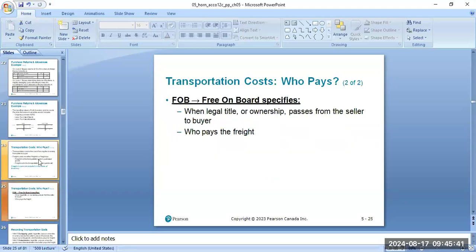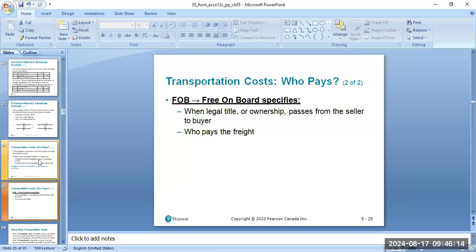Now, for the transfer of the ownership of the goods, we have two different events. First one is the free on board specified. Free on board, FOB. Every time you see FOB related to merchandising inventory, that's related to free on board.